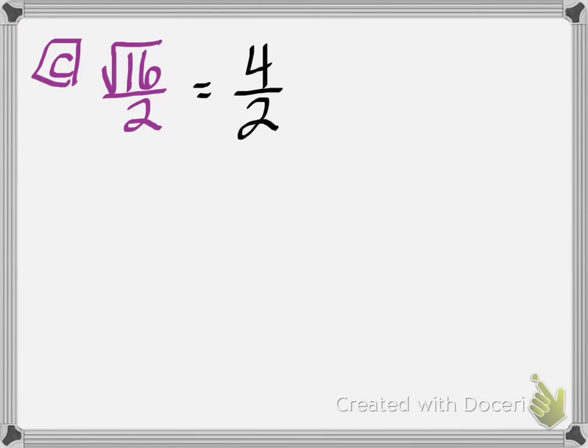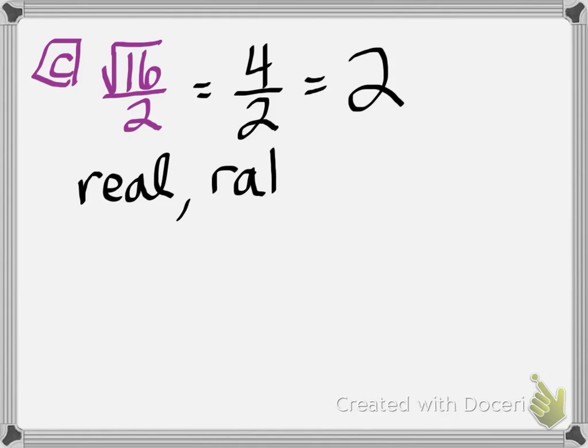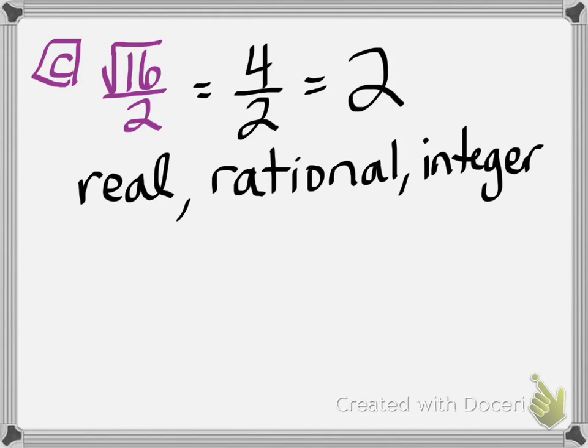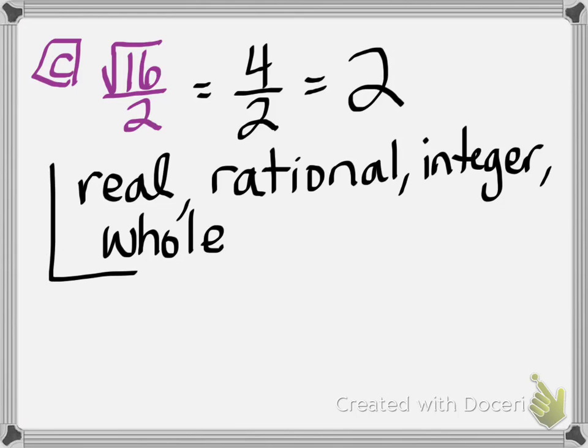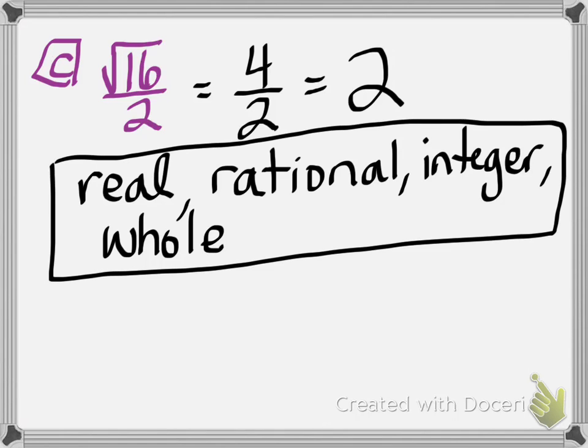It would be plus or minus, but we'll just consider the positive case. 4 divided by 2 is 2. So that means root 16 divided by 2 is real, it's rational, 2 is an integer, and it's also a whole number or a counting number. So this one has 4 classifications.